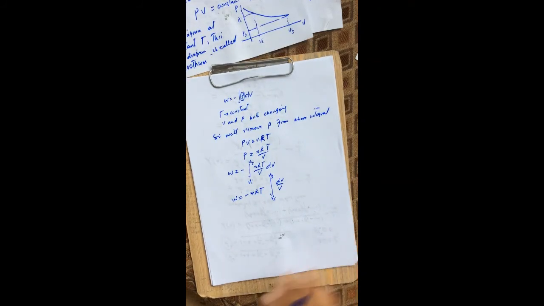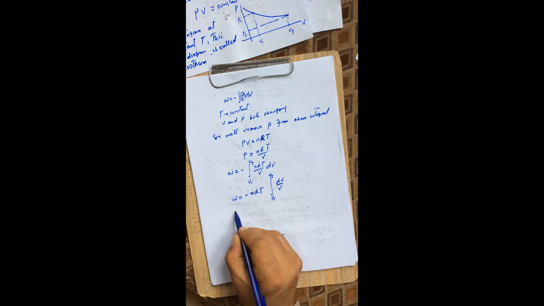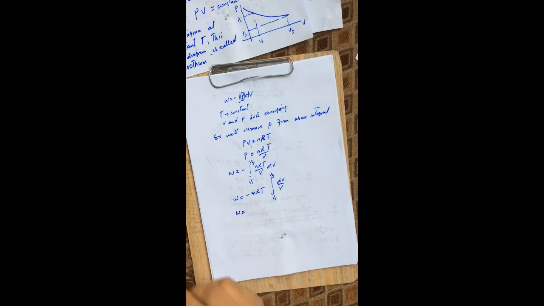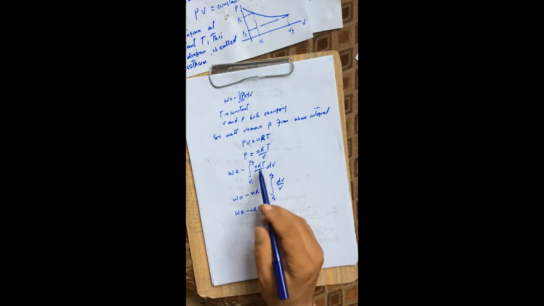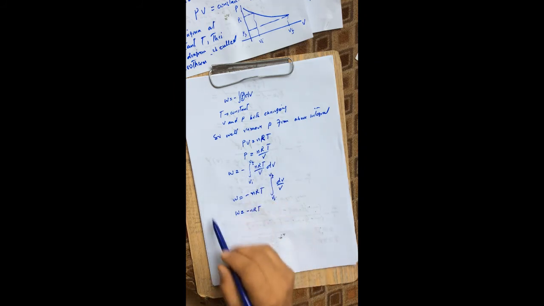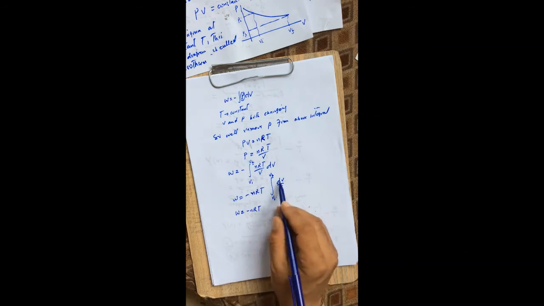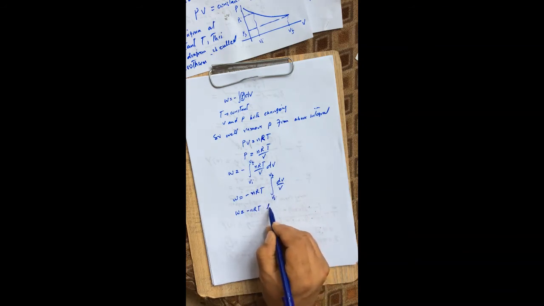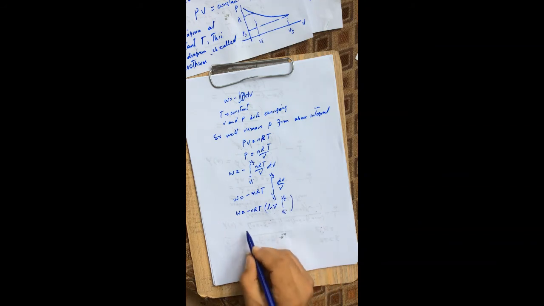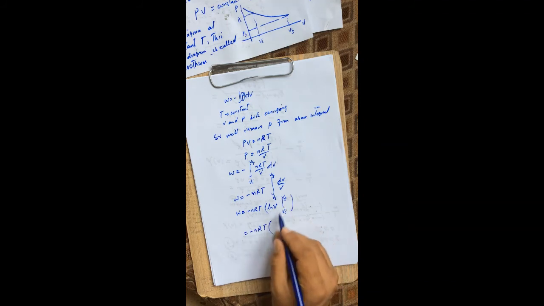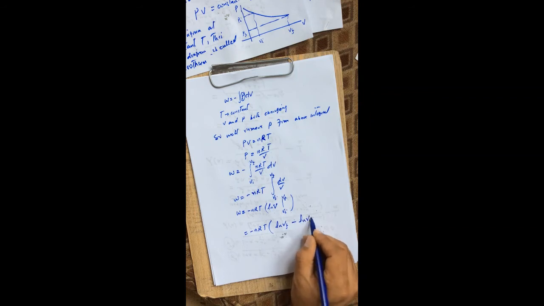Now next I have to solve this integral. So the work done at constant temperature will be equal to minus nRT, because temperature is constant, n is constant, R is constant, so I keep them outside of the integral. And here the integral of dV over V is the natural log of that quantity, from Vi to Vf. So we have minus nRT, with upper limit ln Vf minus lower limit ln Vi.